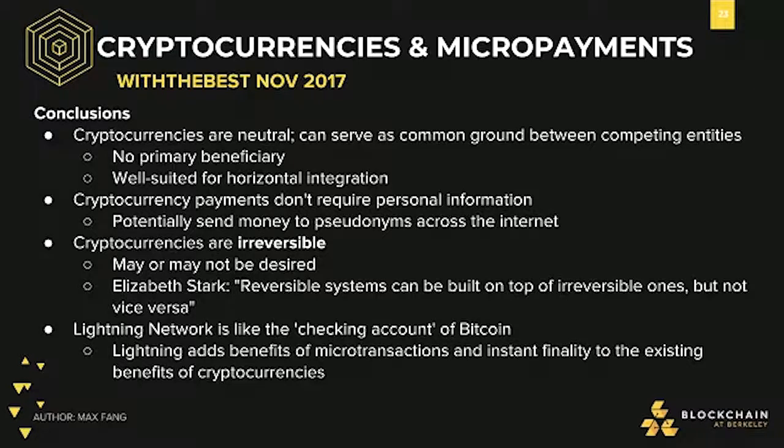And if you ever want to build reversibility on top, you can always do so. That's another benefit versus credit cards, where chargebacks are a huge problem. And Lightning is like the checking account of Bitcoin. It adds these nice properties of microtransactions and instant finality to the existing benefits of cryptocurrencies, like normal vanilla Bitcoin.